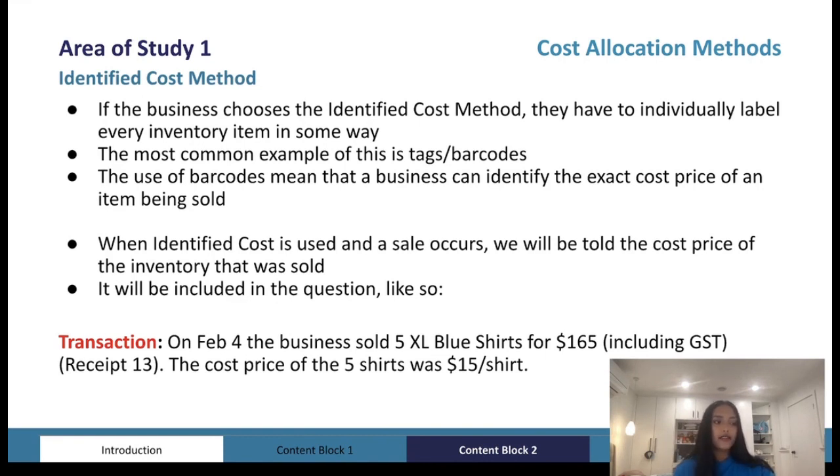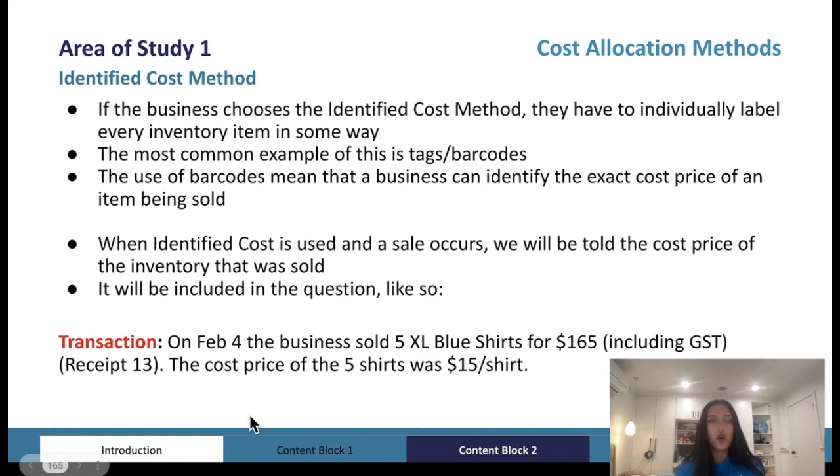And for identified cost questions, you'll be told the cost price as part of the question. So you can see an example of this where a sale has occurred and the question is telling us the exact cost price of the inventory. So here's an example. It says on the 4th of February, the business has sold 5 shirts for $165, and it says the cost price of the 5 shirts was $15 per shirt.